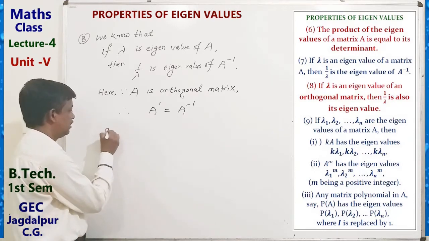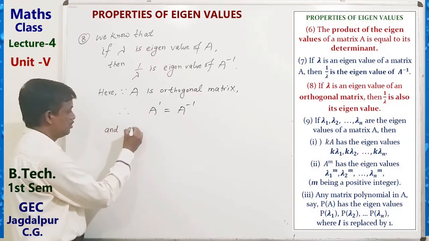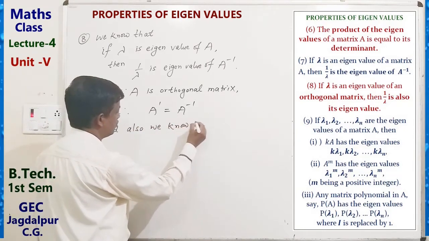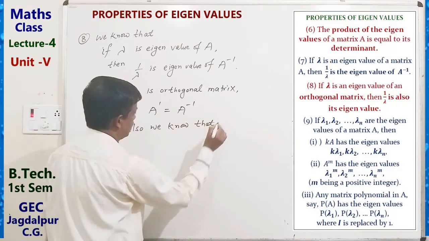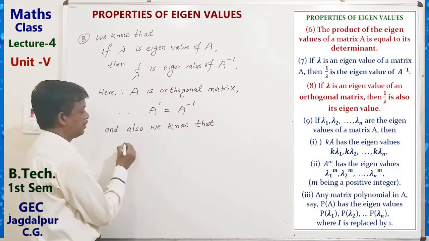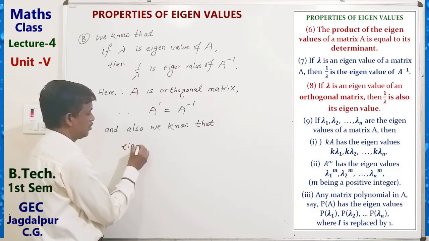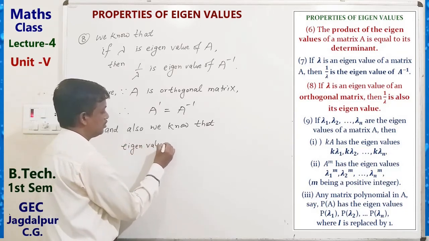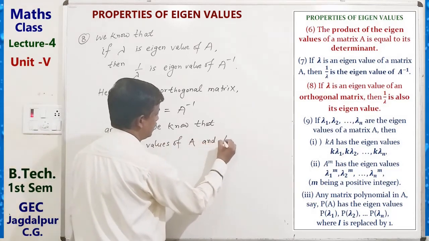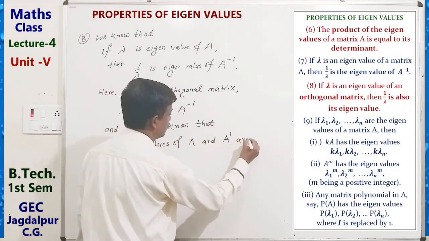And also we know that the eigenvalues of A and A dash are the same.